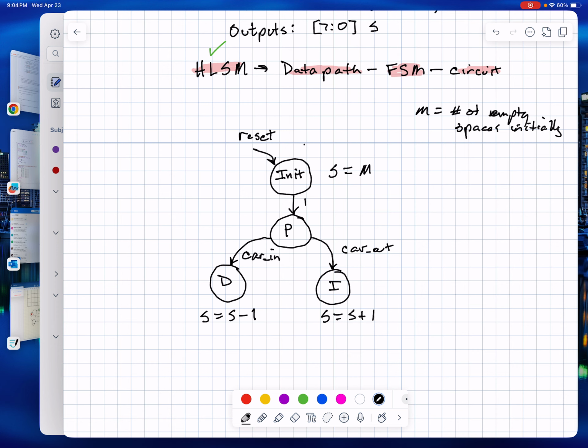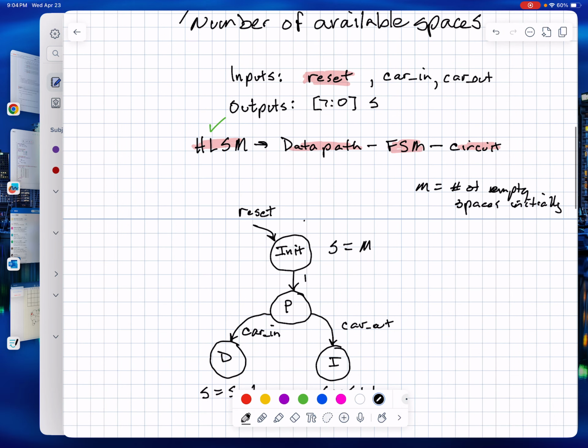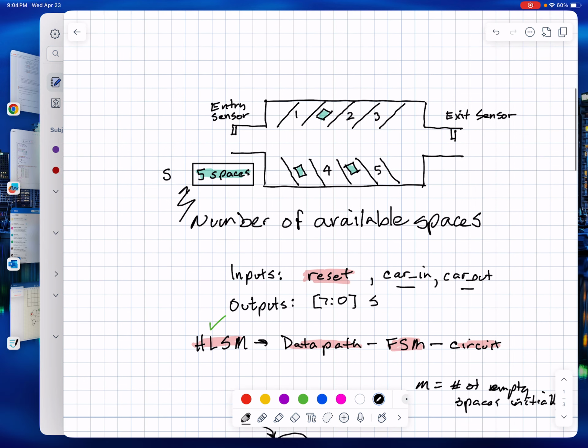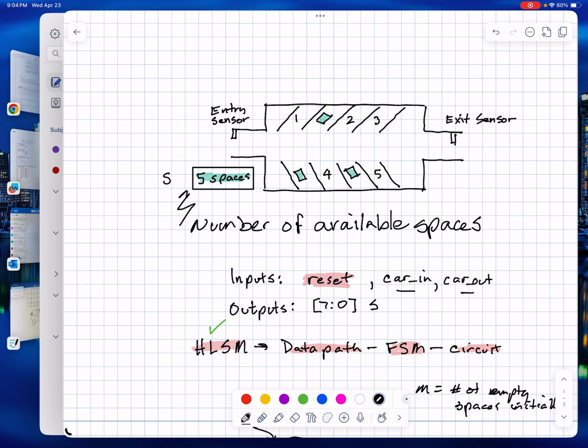It's a little more subtle than that because let's think about these inputs, car in and car out. Based on the diagram, could you have a car coming in at the same time that you have a car coming out? The odds of that would depend on the speed of the clock. If it's a really fast clock, the odds of those lining up would be less.